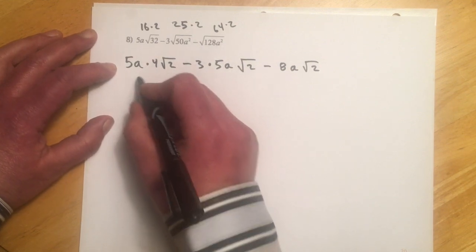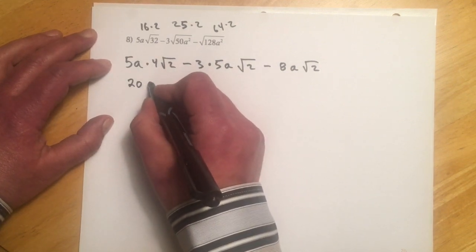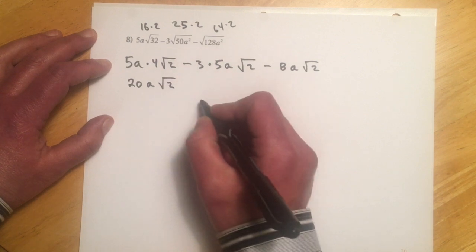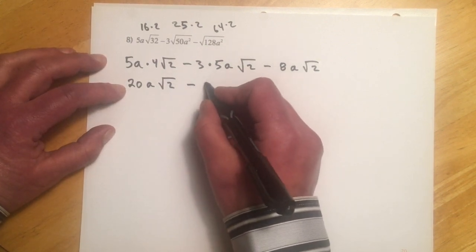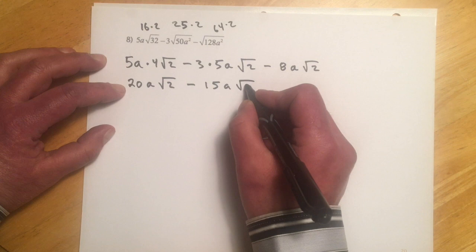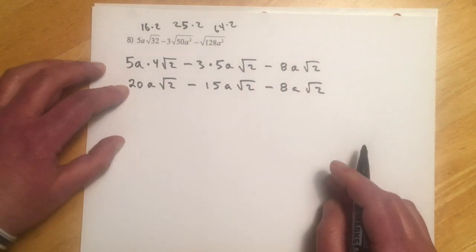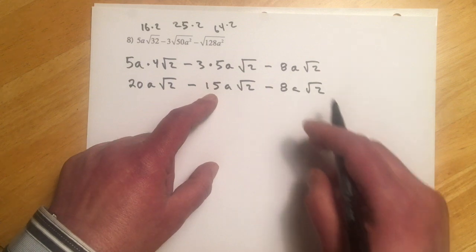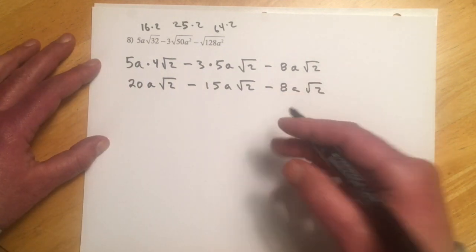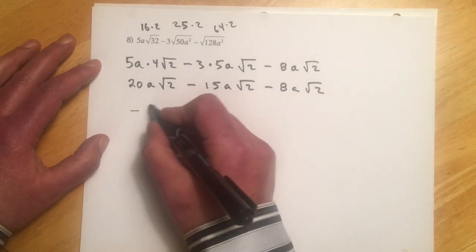So we got 5 times 4 is 20a square root 2 minus 15a square root 2, and then minus 8a square root 2. So 20 minus 15 would be 5, and then minus 8 would make negative 3a root 2.